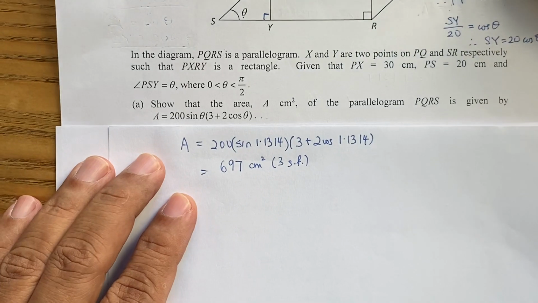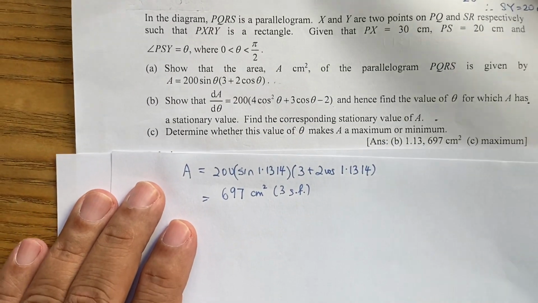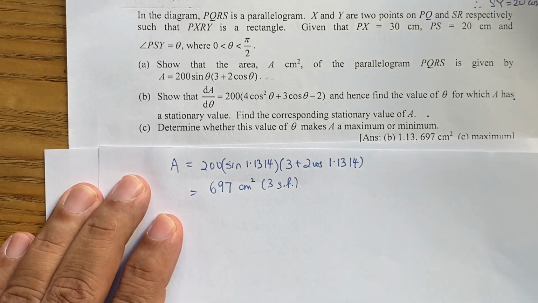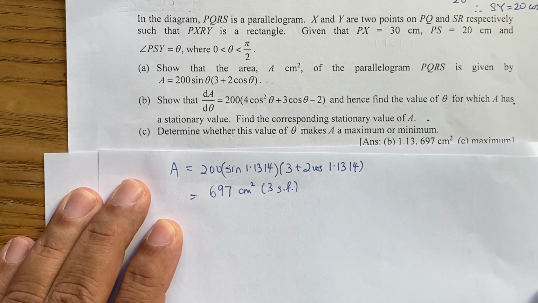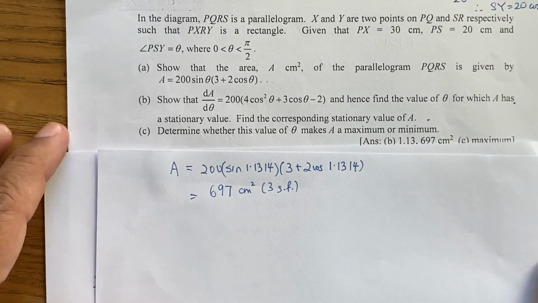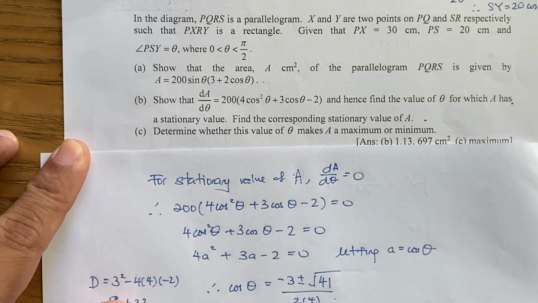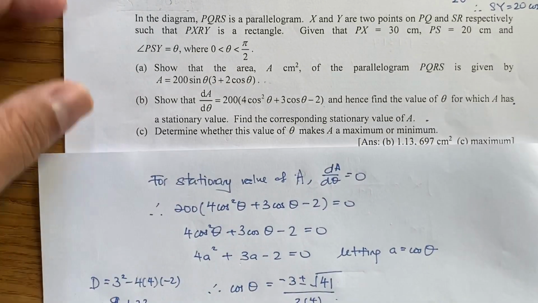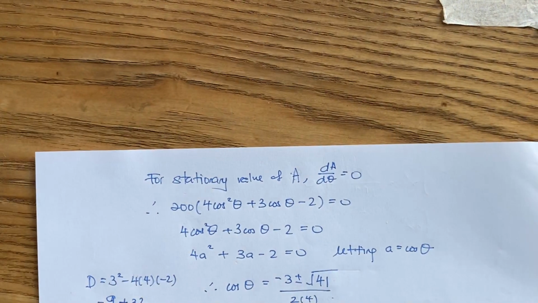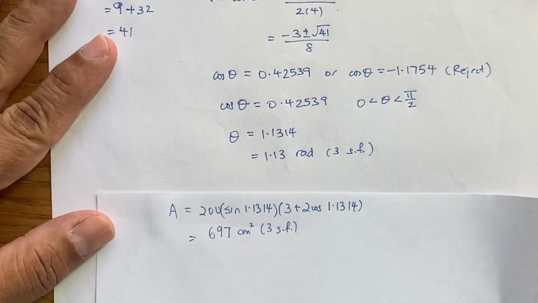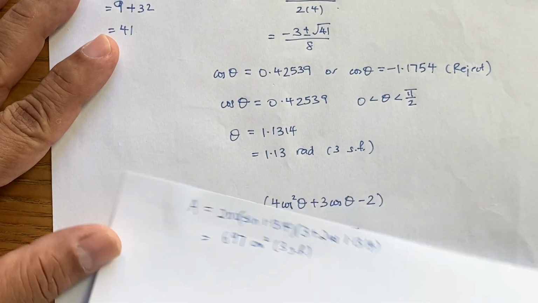Now in part C, can I just show you the question? Determine whether this value of theta makes A a minimum or maximum. We already found that theta is going to be 1.13. This is the stationary value of theta.